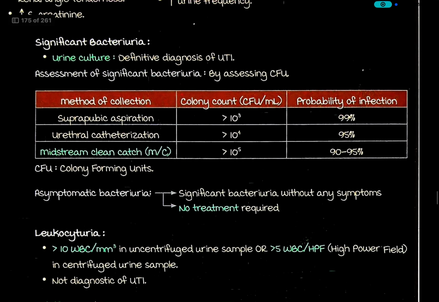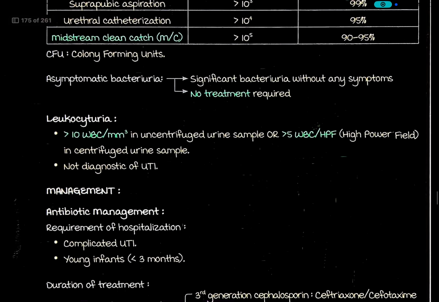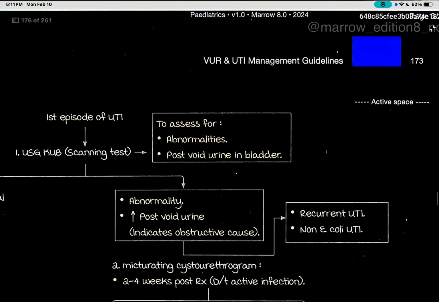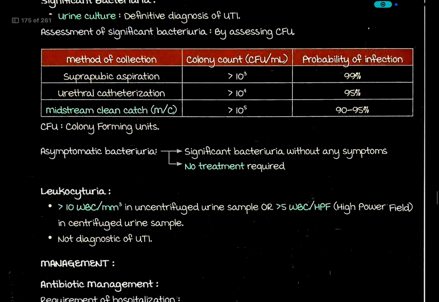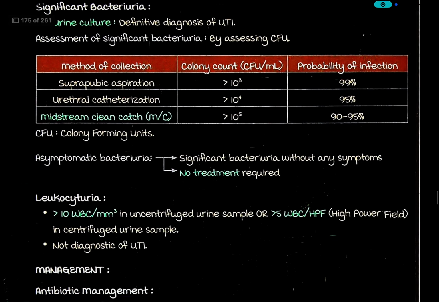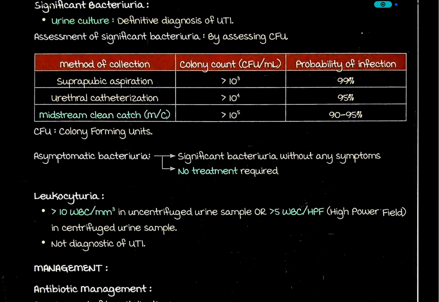Significant bacteriuria on urine culture is the definitive diagnosis of UTI. What is the definitive diagnosis of UTI? Urine culture. Assess significant bacteriuria by colony forming units. Method of collection: suprapubic aspiration, colony count more than 10^3, probability of infection 99%.